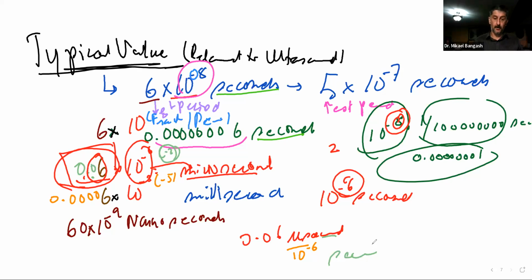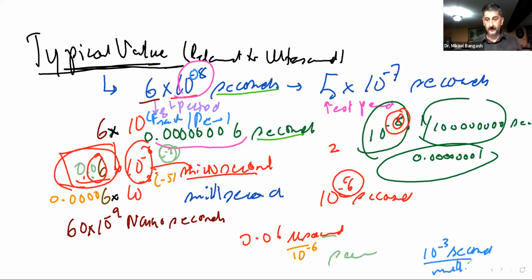If you don't want to express it in microseconds, you can say I want to go on to milliseconds. Now, milliseconds is 10 raised to the power minus 3 of a second. That's how we say a millisecond.